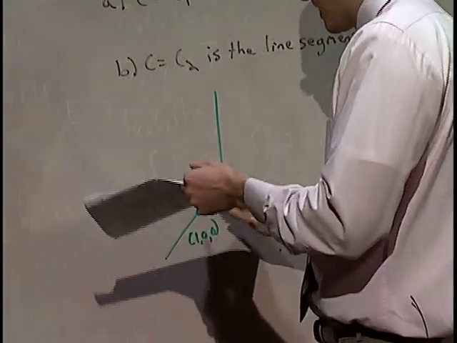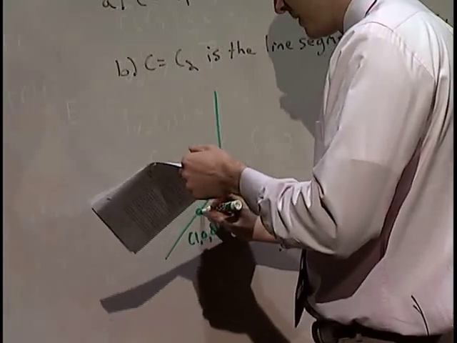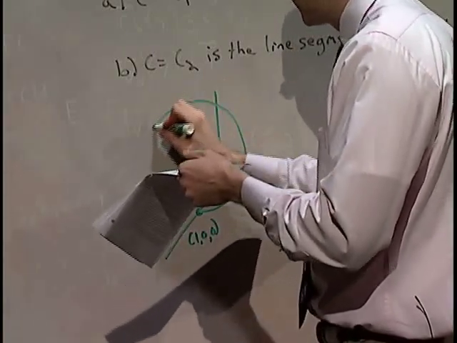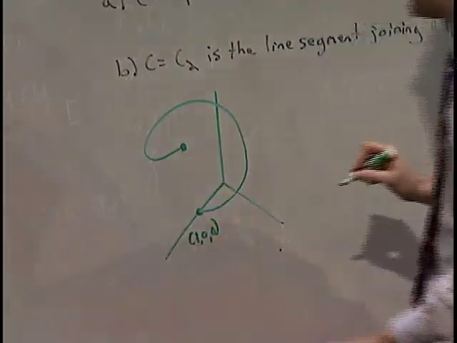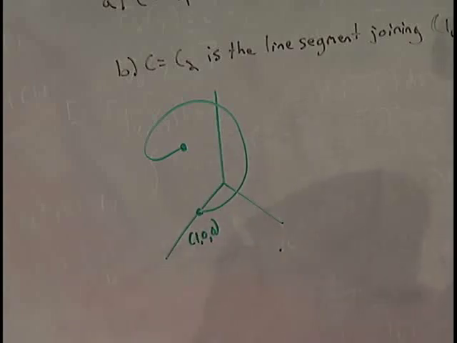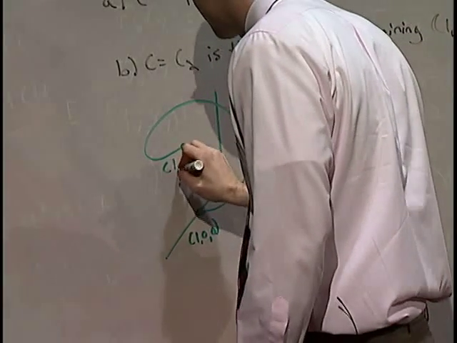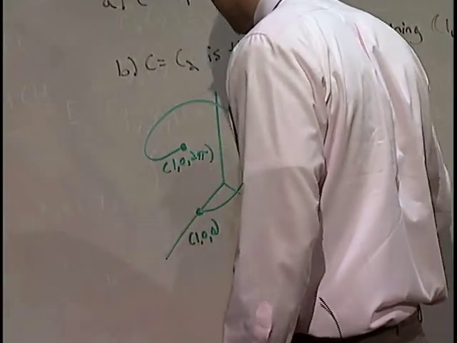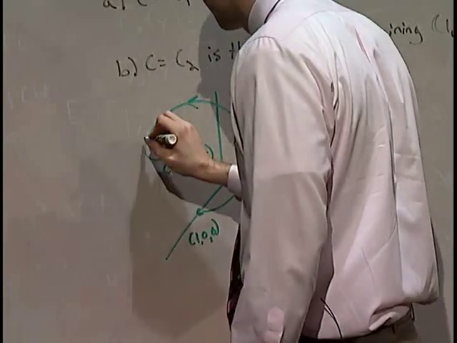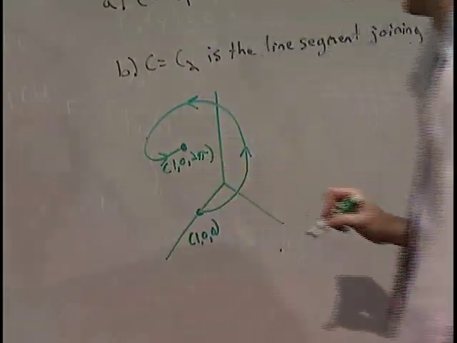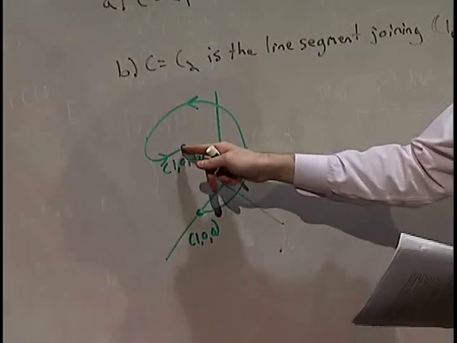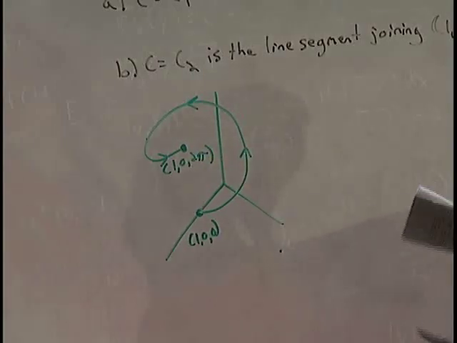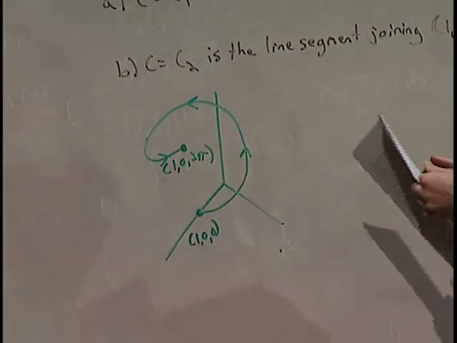Okay, and it travels in its helical path, so it's going something like that, and then it's sort of coming back around, and then, when you plug in 2 pi, that's 1 again, and that's 0, and that's 2 pi. So this is the point 1, 0, 2 pi, right? So we're traveling in the direction of the arrows, okay? And so that is the first curve we're integrating around, is this helix. It's circling around like that, okay? Notice it starts at 1, 0, 0 and ends at 1, 0, 2 pi.